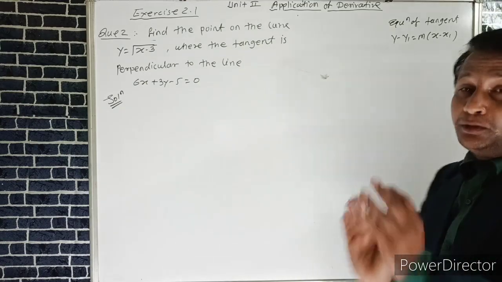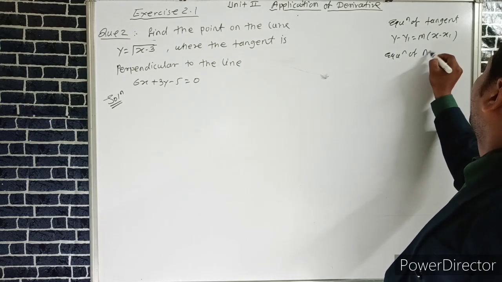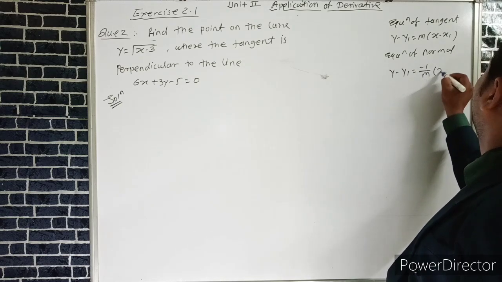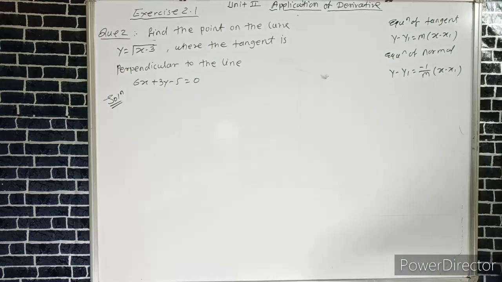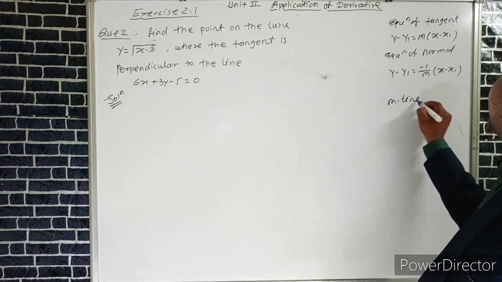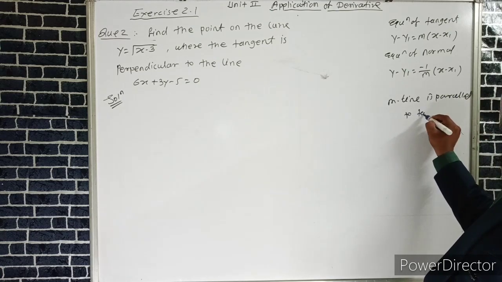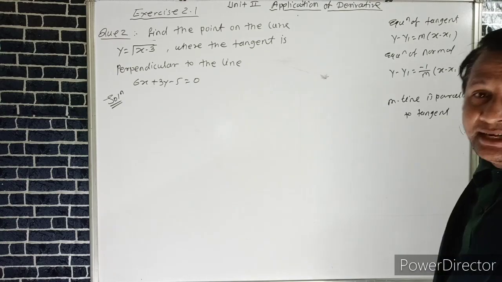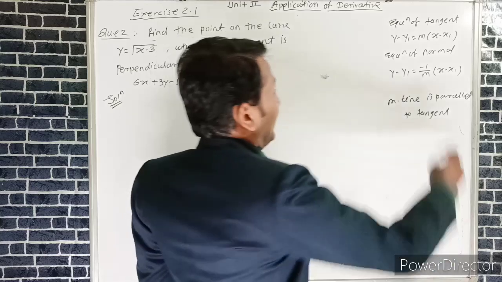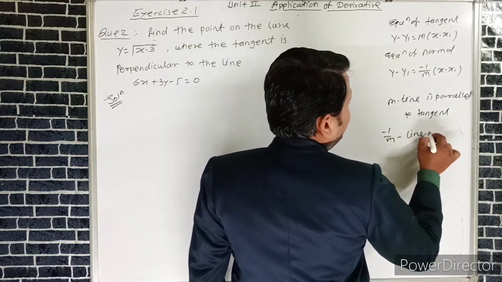If the line is perpendicular to the tangent, then the equation of normal we can write as y minus y1 = -1/m into (x minus x1). Here m means the line is parallel to the tangent. Also we know that normal is perpendicular to the tangent, and hence -1 upon m is the slope of the line which is perpendicular to a tangent.